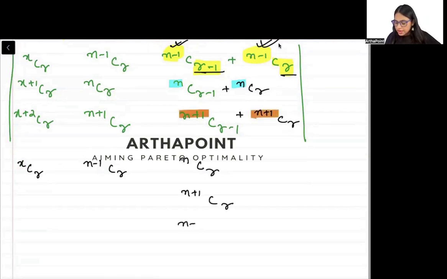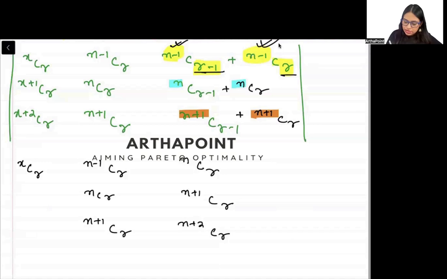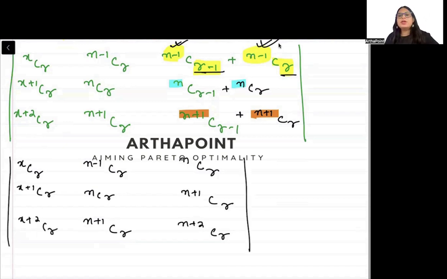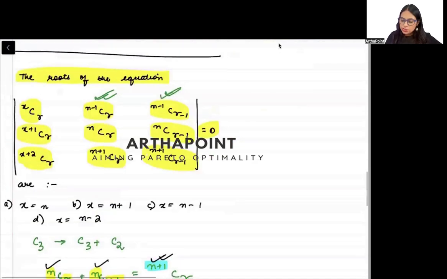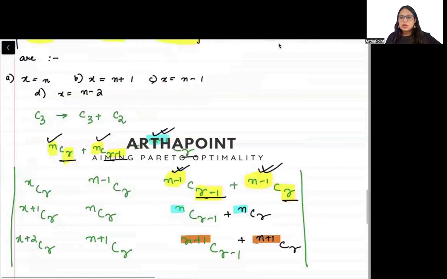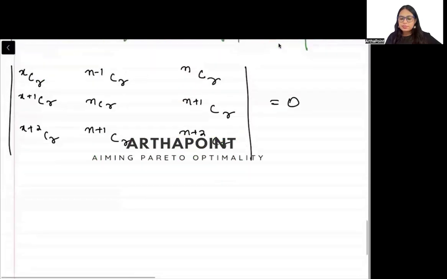So this will become n+2Cr. nCr. n+1Cr. x+1Cr. x+2Cr. And the determinant of this equated to 0. Because it says that you need to equate it to 0 to find the roots. ये बात समझ में आ रही है? Is this making sense? I hope that the transformation is absolutely clear to you.